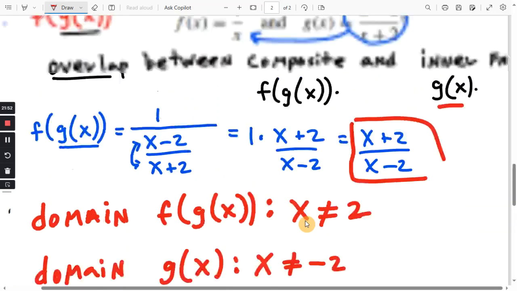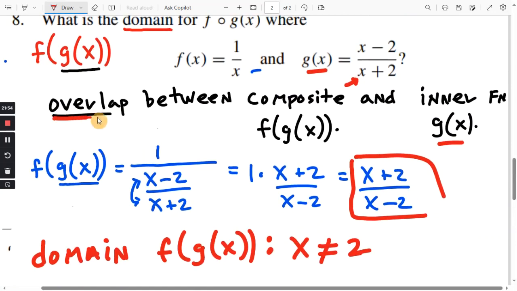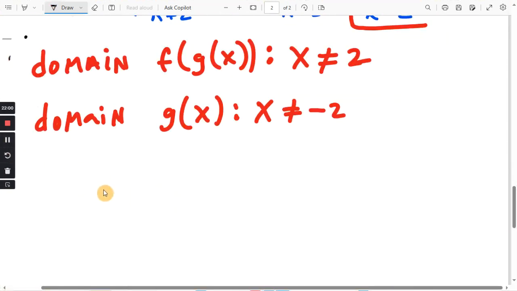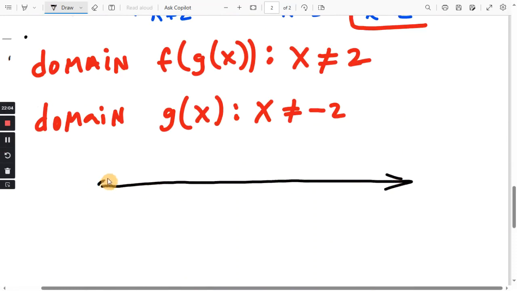All right, remember we're looking for the overlap. So just so you can see it, I'll do it on a number line. Let's plot 2 and negative 2 on the number line.